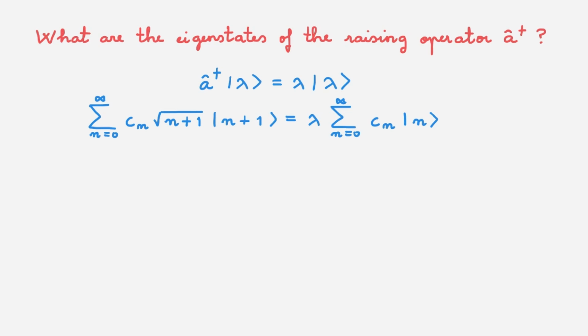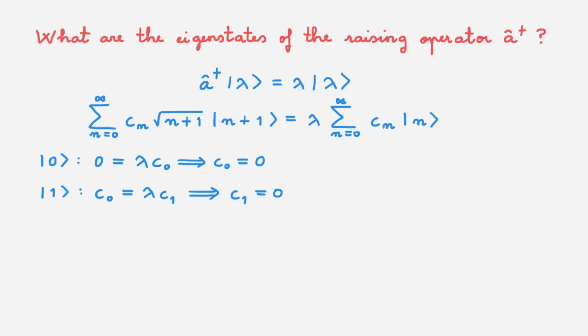So starting with the ground state, there is no ground state in the left-hand side, and the coefficient is lambda C0 in the right-hand side, so we get that C0 must equal 0. For the first excited state, we get C0 from the left-hand side, and lambda C1 for the right-hand side. As C0 is 0, then this implies that C1 is also 0.